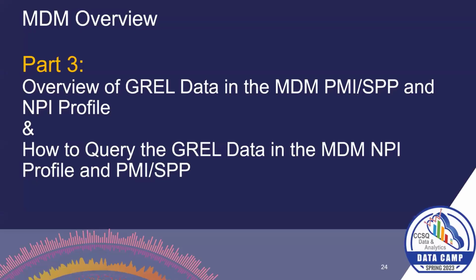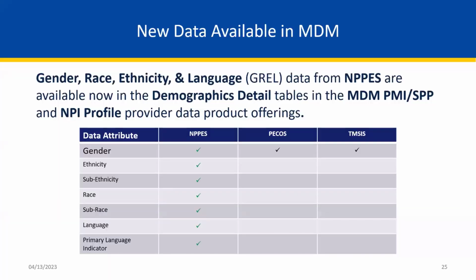The next part, part 3, will be an overview of gender. In this one, we'll talk about how to retrieve the gender, race, ethnicity, and language information using our NPI and PMI SPP tables. We have some queries that we'll be presenting to give you an overview of how to query our NPI and PMI SPP tables.